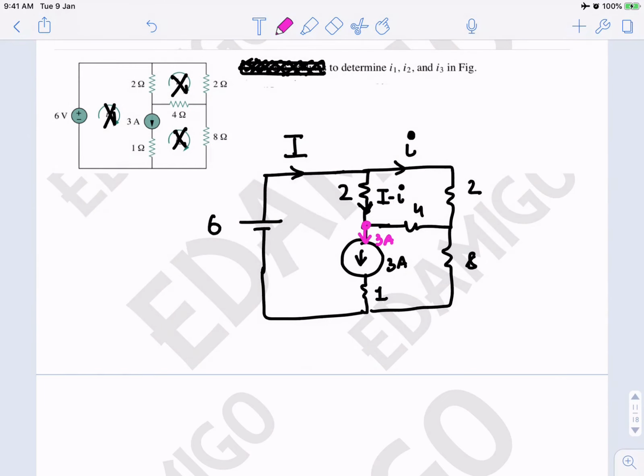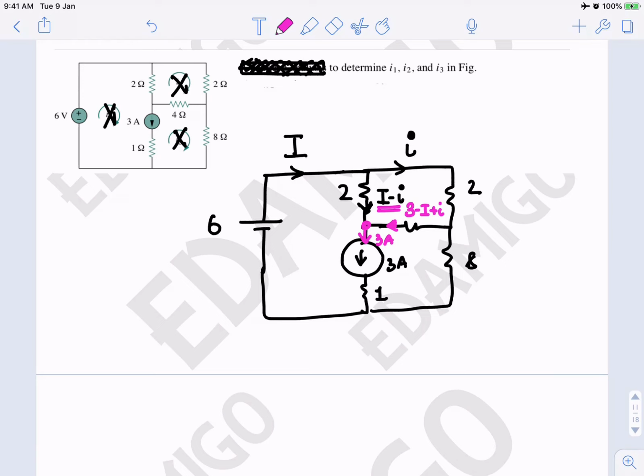Capital I minus small I is coming from the top. So the current in this branch, by applying KCL, will be 3 minus capital I plus small I.